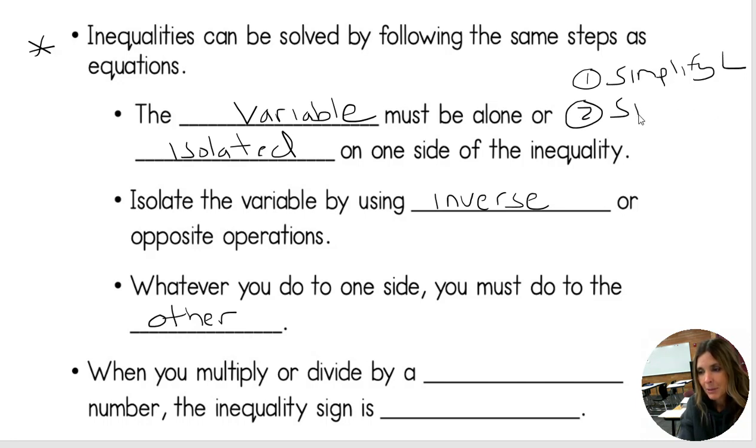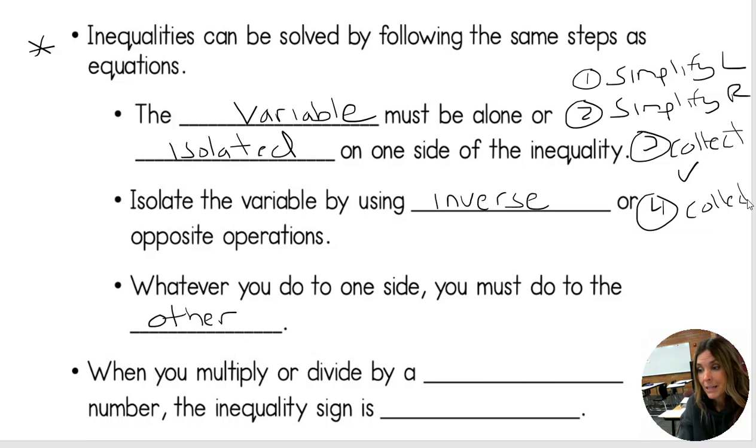Then you simplify the right side. Then you collect the variable terms on one side, and then you collect the number terms on the other, okay? Everything about solving inequalities is exactly the same as when you solve an equation.